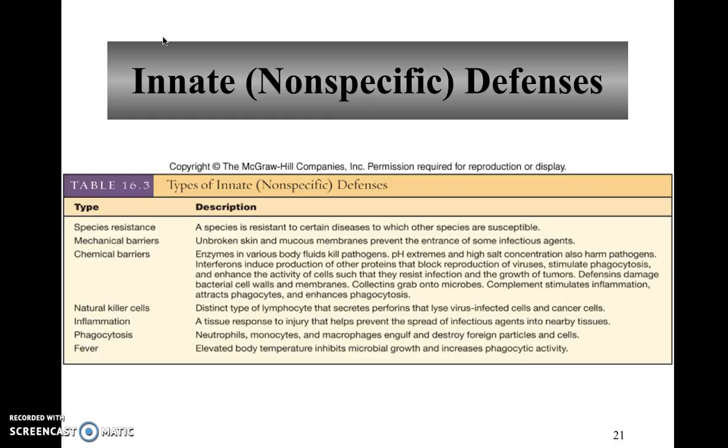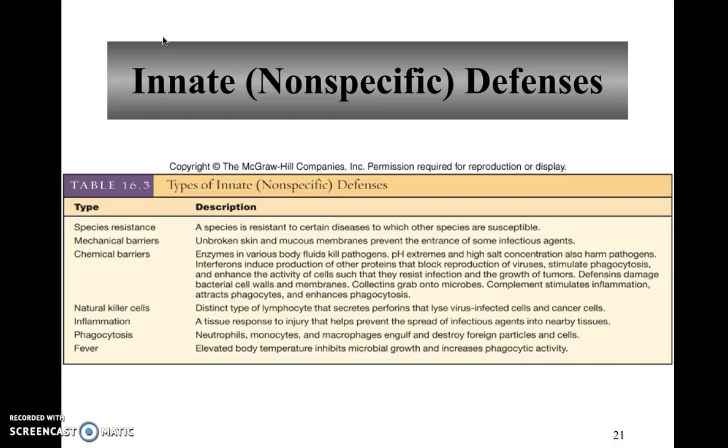The other types of innate defenses include mechanical barriers, chemical barriers, natural killer cells, inflammation, phagocytosis, and fever. So let's talk about each of these just a little bit. So mechanical barriers are basically things that prevent pathogens from getting into your body. If the pathogen can't get into the body, for the most part, it can't cause you to be ill.